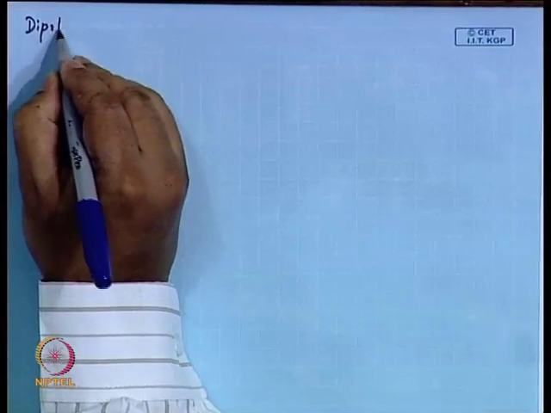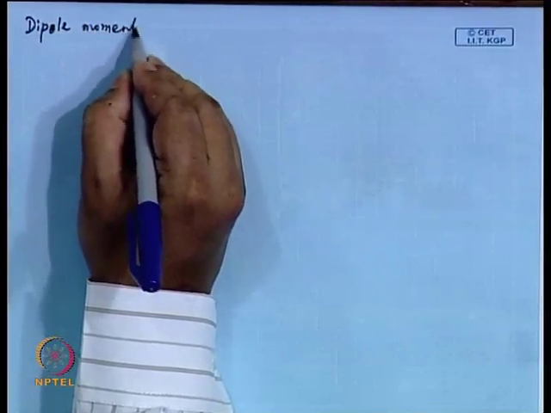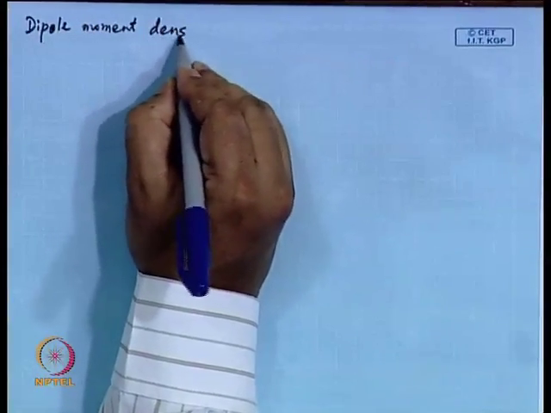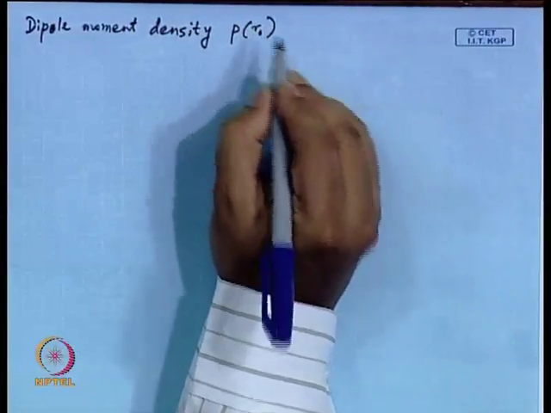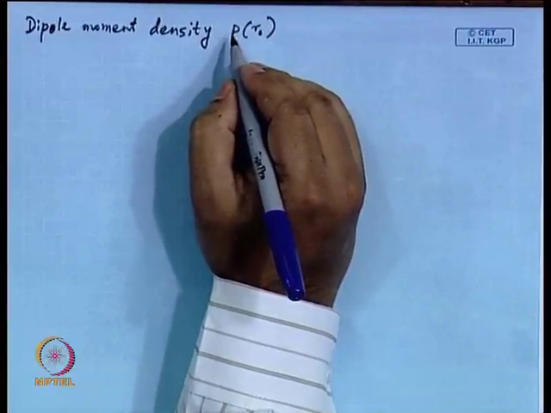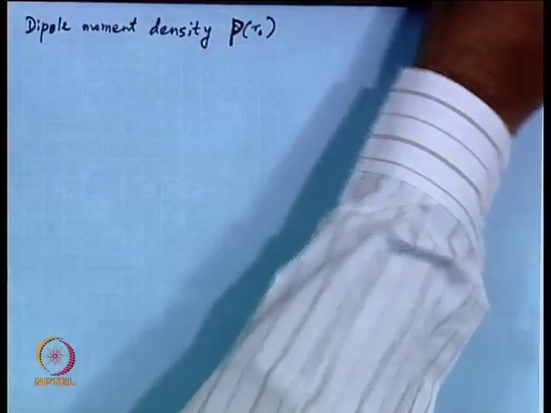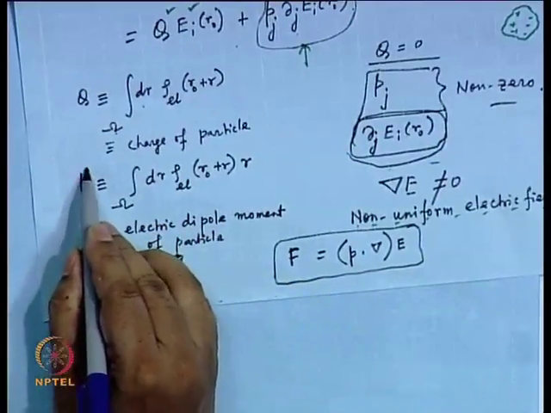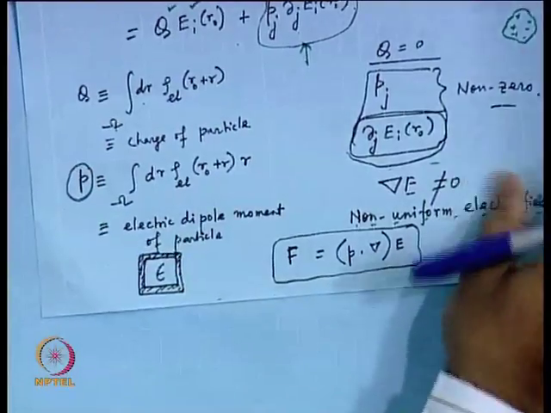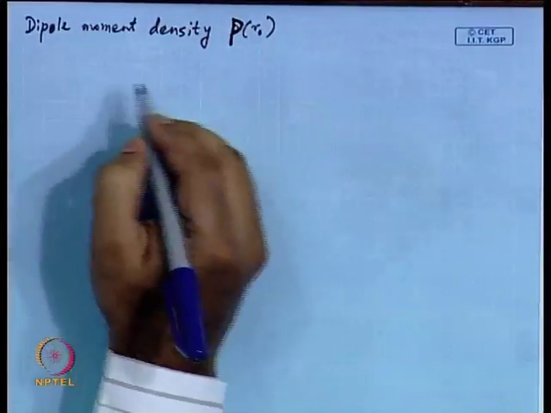This is something which is there in the literature. Dipole moment density, P of R 0. Let me put a capital P, to differentiate it from the small p we had earlier, which is the electric dipole moment of a particle.